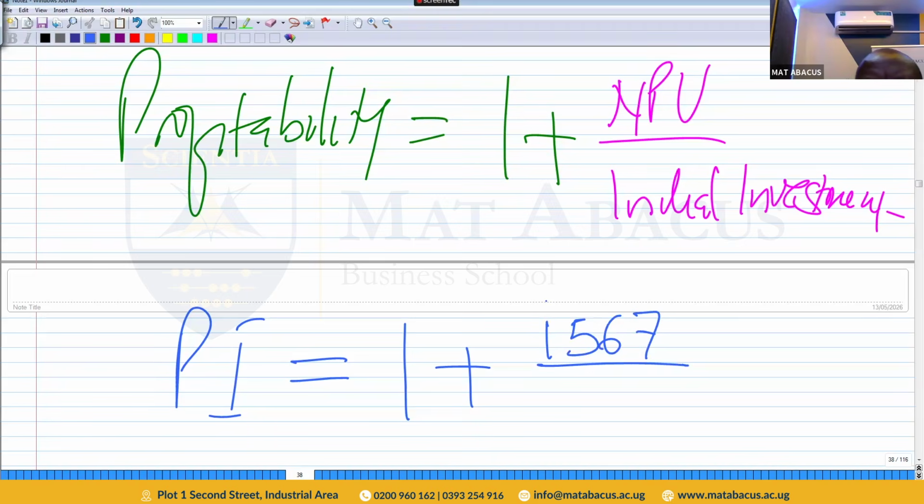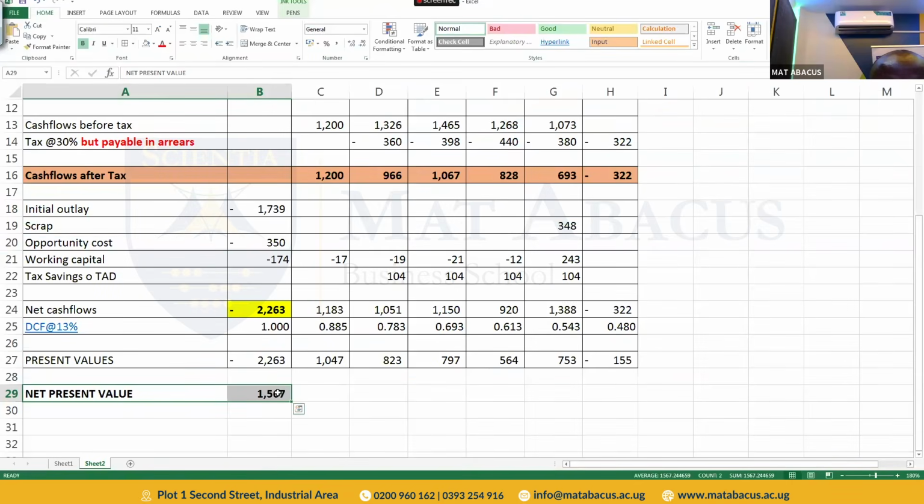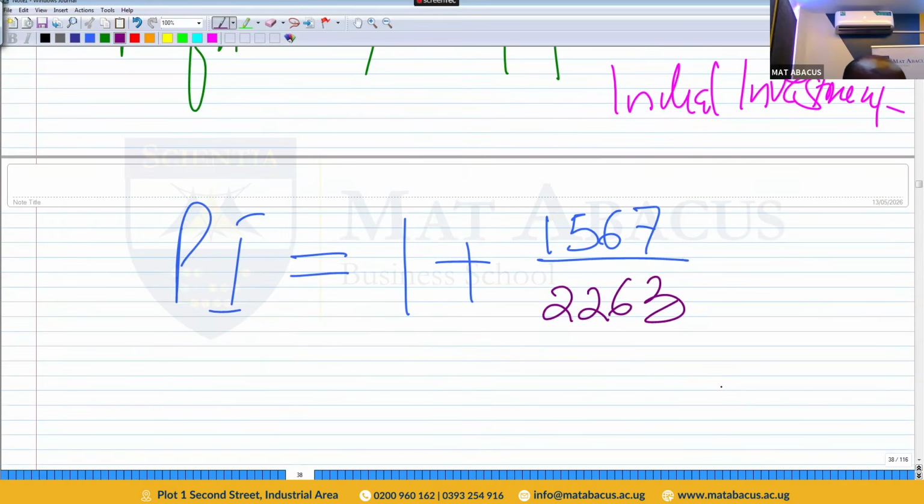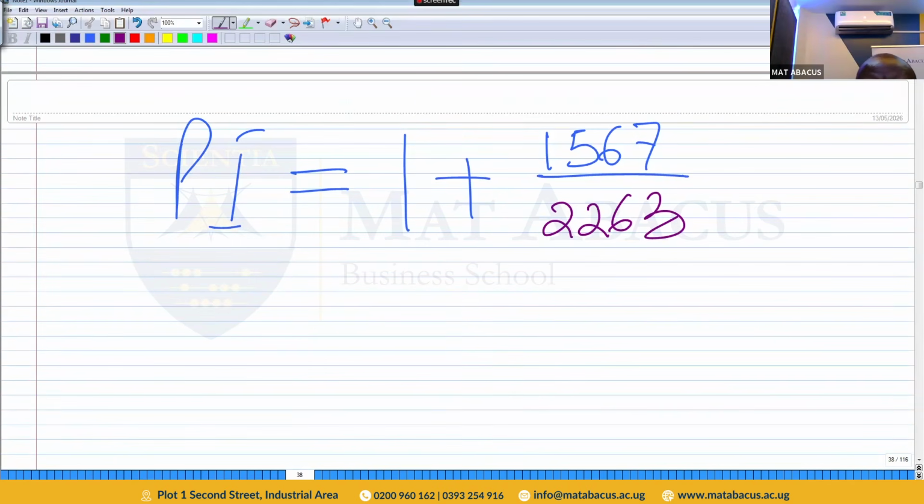We divide by whatever falls in year 0, which is 2263. And when you work that out, you will find your profitability index. It will be 1567 divided by 2263. So it will be 1.6.